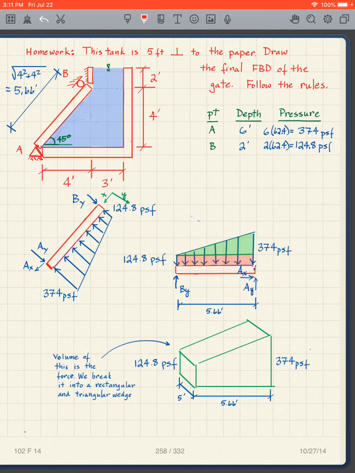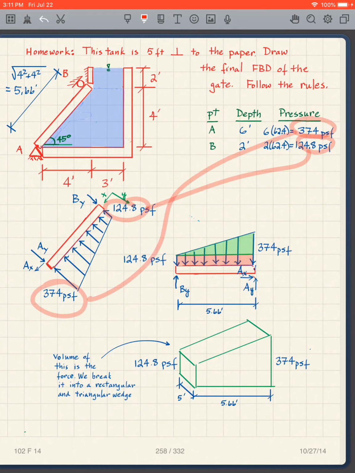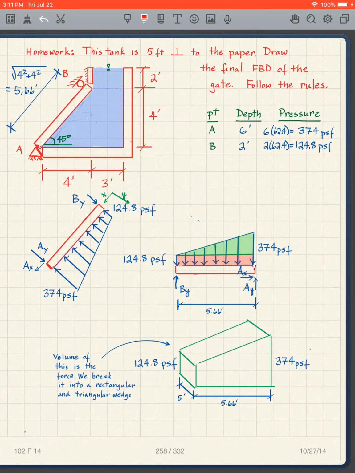So I have 124.8 at B. I have 374 at A. And that means that I have a trapezoid again. I have 124.8 here, 374 here. I connect them with a straight line. I end up with this trapezoid.